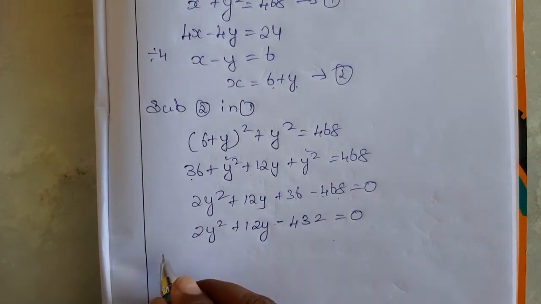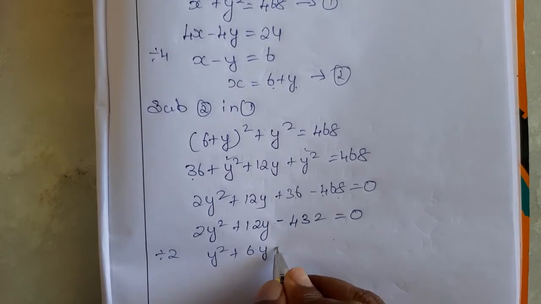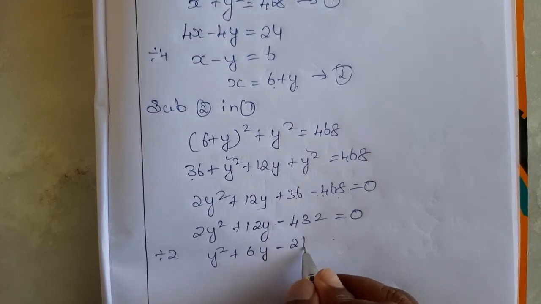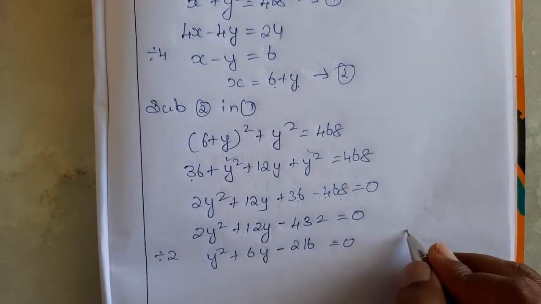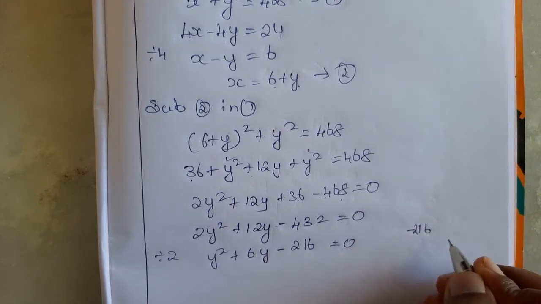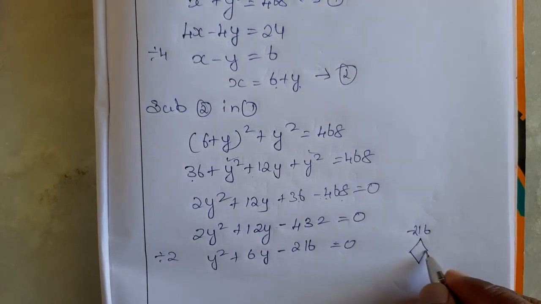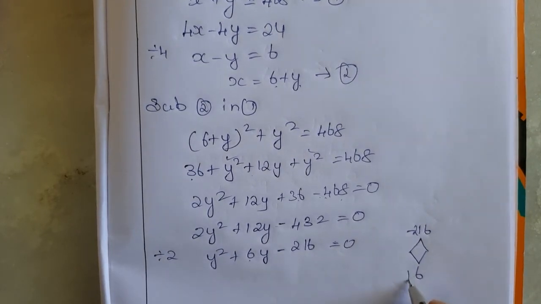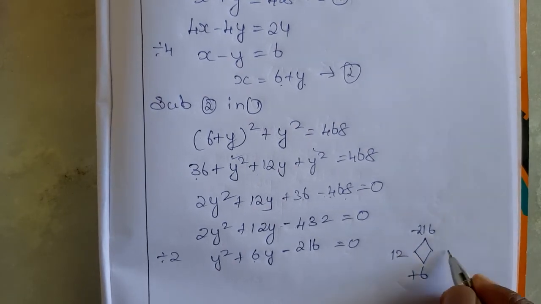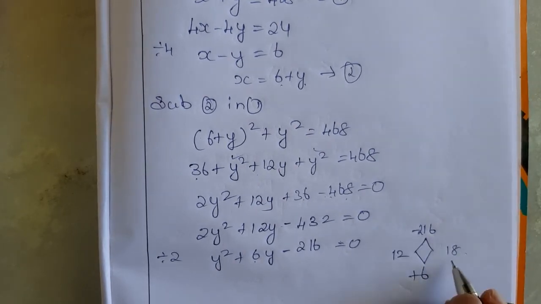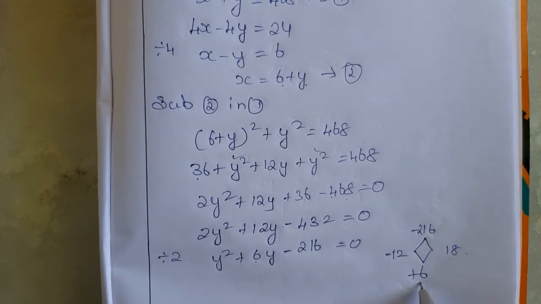Everything is even, so we can divide by 2 and get y squared plus 6y minus 216 equals 0. This we can solve by the quadratic formula or by factorization. Let me try factorization. The product is minus 216 and the sum is plus 6, so the numbers are 12 and 18, with minus for the 12 so the sum is plus 6.